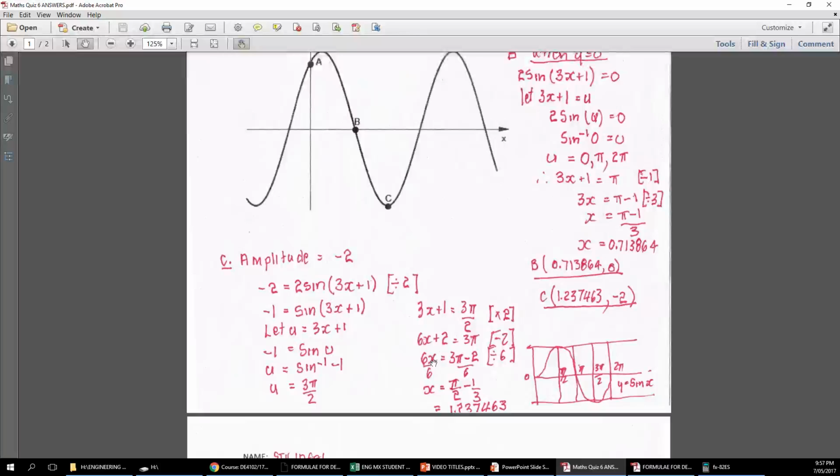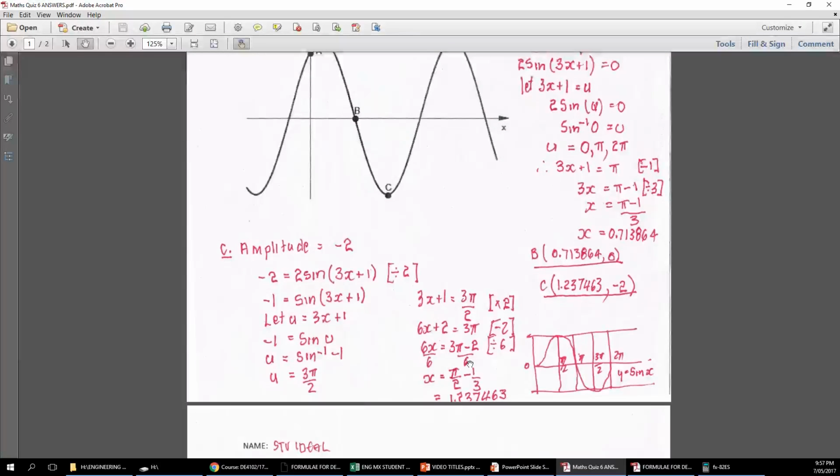Alright, so now we've got 6x plus 2 equals 3 pi, and we can see, because we're smart and clever people, that if we use a denominator of 6, a lot of these things are going to fade away. So we subtract 2 from both sides, to try to get x's on one side, and we get 6x equals 3 pi minus 2.